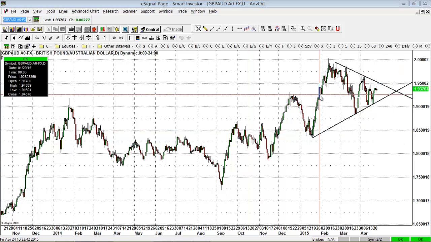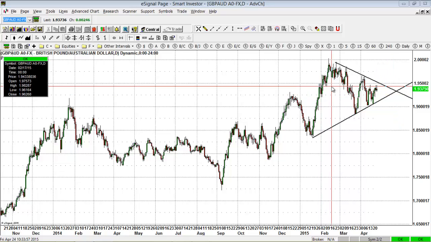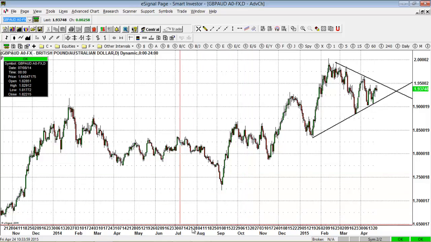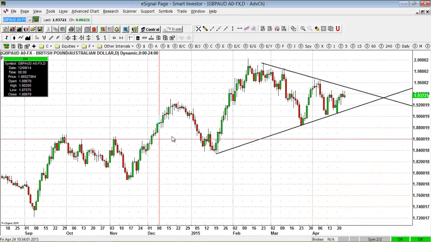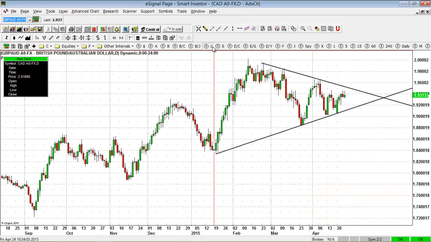But I'm positioning the signals portfolio to the upside, and if the market breaks down, we will take a small loss on the position. But if the market moves to the upside, we could see some pretty significant gains in the coming weeks to the coming months.